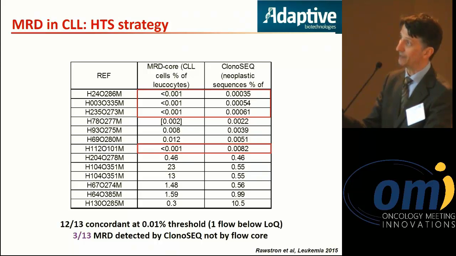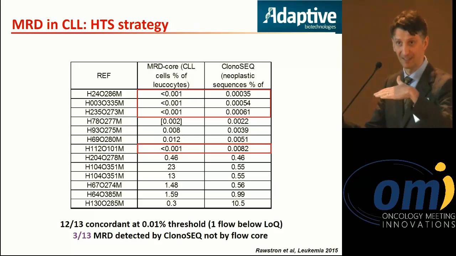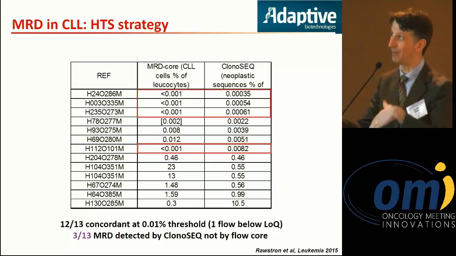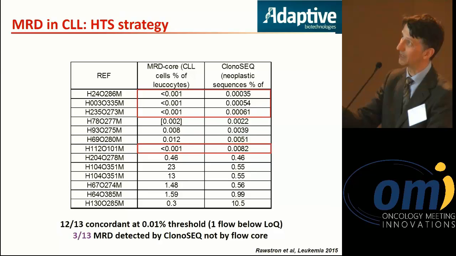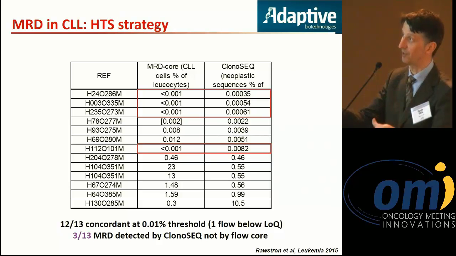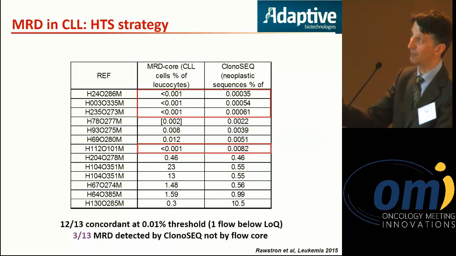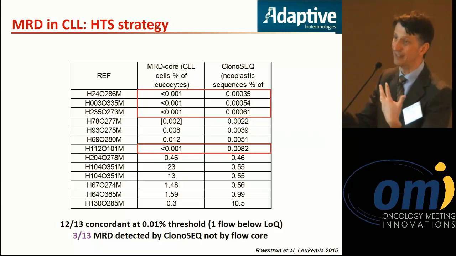In some cases, even if they were defined negative by flow, because there was nothing above 10 to the minus 4, there were still cells that can be assessed by next generation sequencing because the threshold is lower, 10 to the minus 6. So these patients were not indeed negative.